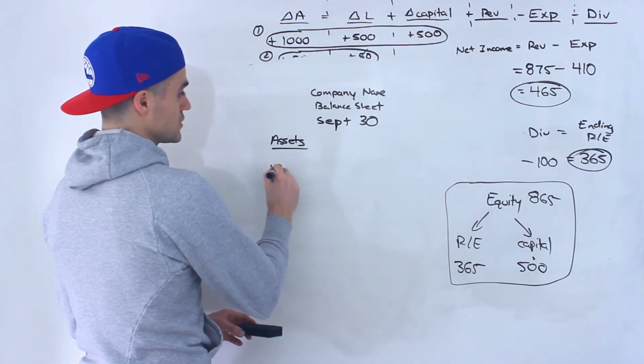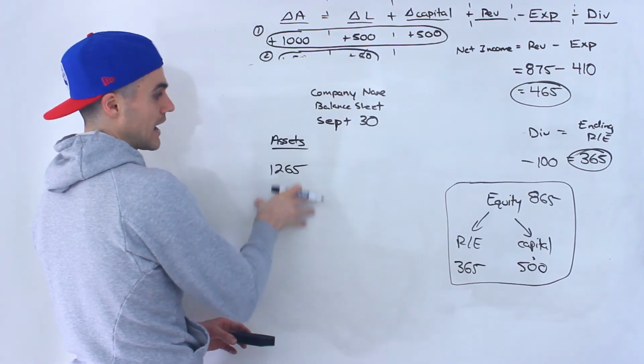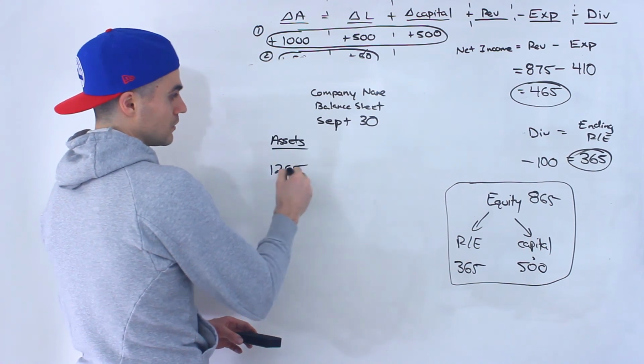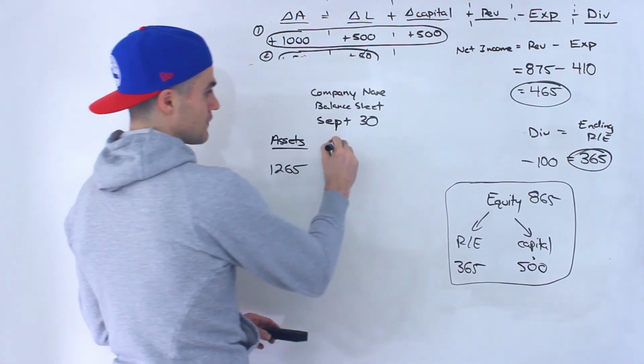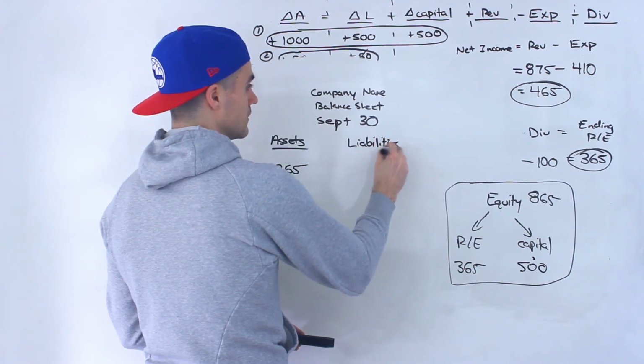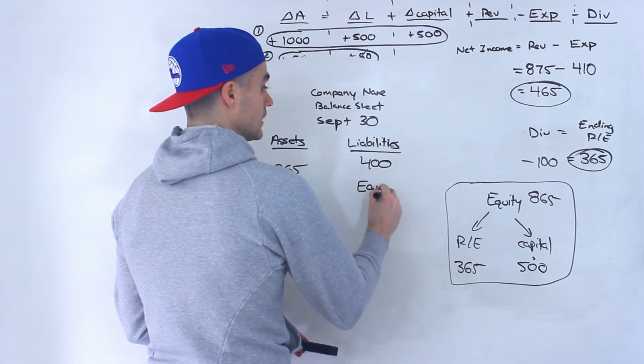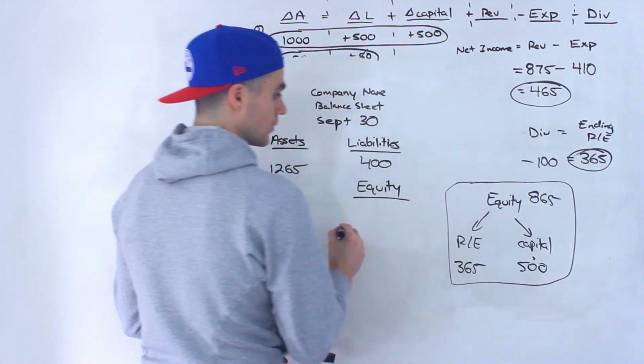So the assets would be $1,265 in total, and then these could be split up into cash and etc. But let's just use the total amount. So $1,265. Then we have our liabilities on the right side, $400. And then our equity, and then equity we can go into more detail.